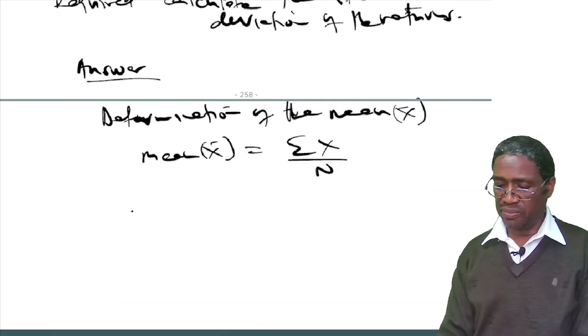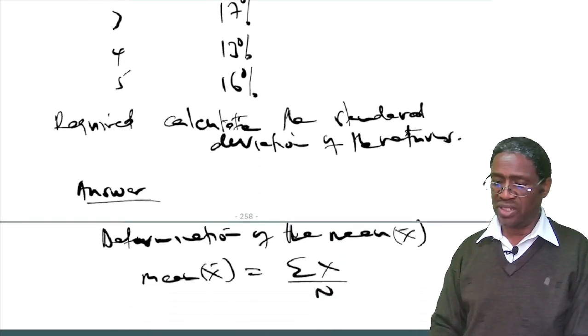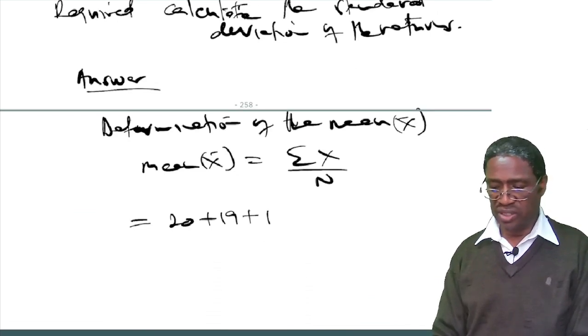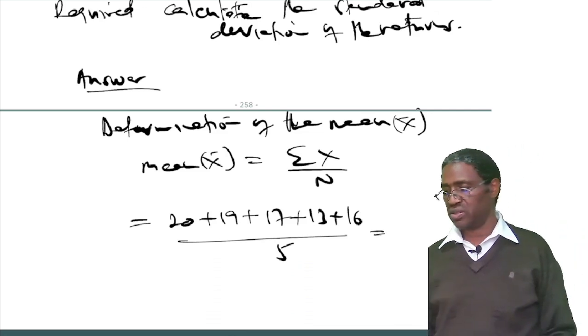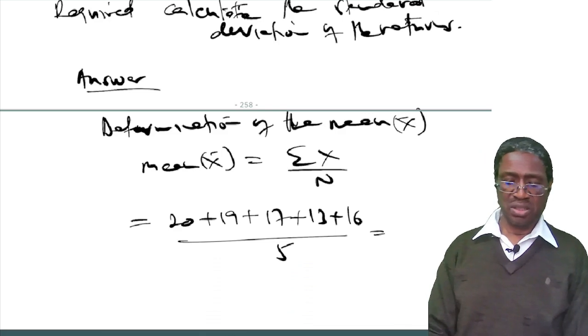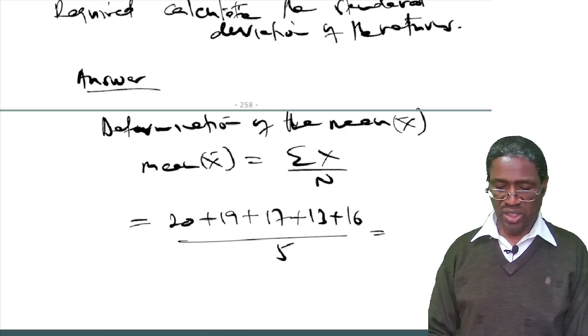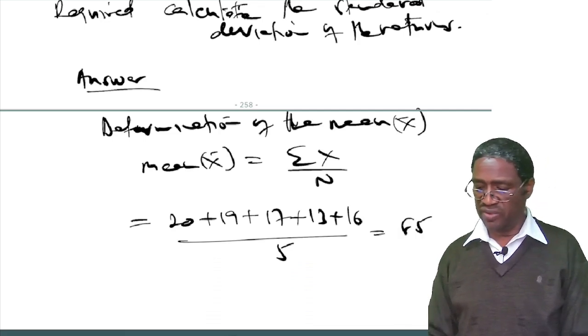Let me add all this: 20 plus 19 plus 17 plus 13 plus 16. This is 85. Divide by 5.